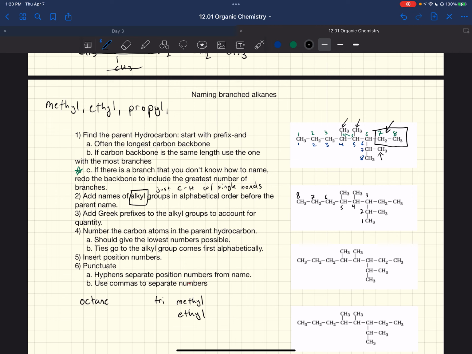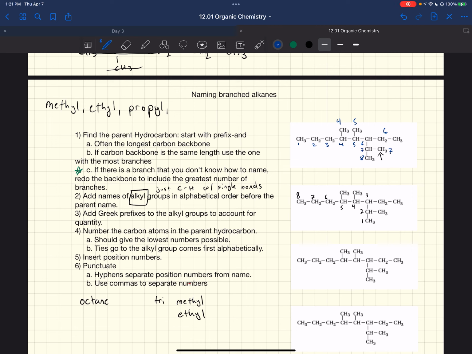Then we need to number the carbon atoms in the parent hydrocarbon. These numbers should give the lowest numbers possible. I'm just going to be comparing the blues now. We already determined that the green wasn't a good way to do this. If I name with the blues, this methyl is 4, this one's 5, and this one's 7, and this ethyl group is 6.